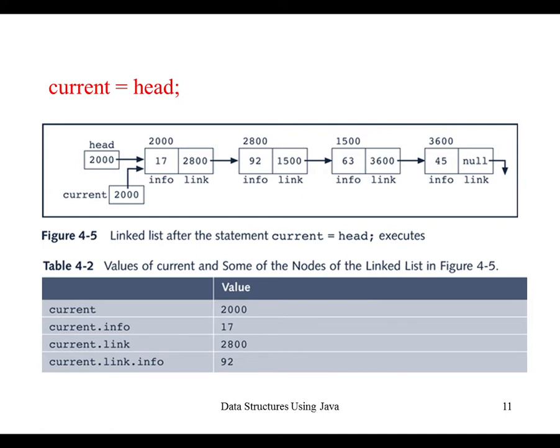Current.link is 2800, because current is 2000 and the link of the node at location 2000 is 2800. Current.link.info is 92, because current.link is 2800 and the info of the node at location 2800 is 92.